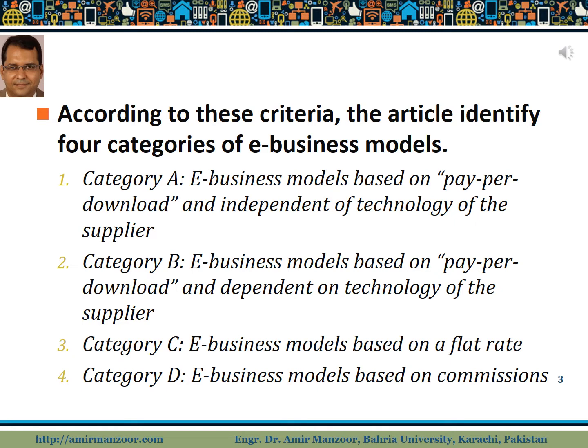The third category of e-business models is based on a flat rate. The primary goal of these business models is to attract consumers who use P2P networks for illegally copying and sharing of digital media content and have a willingness to pay for it.